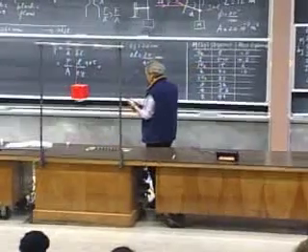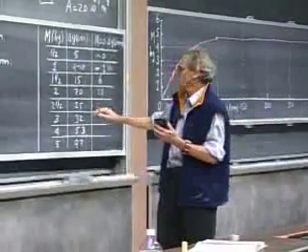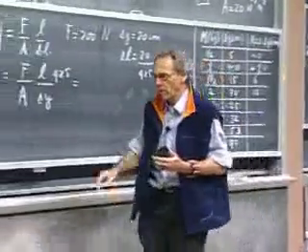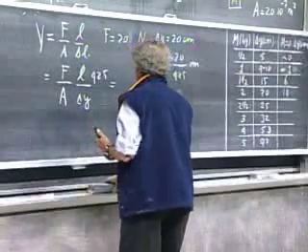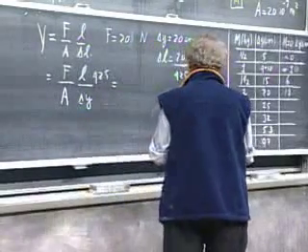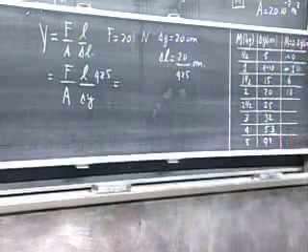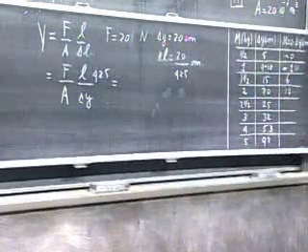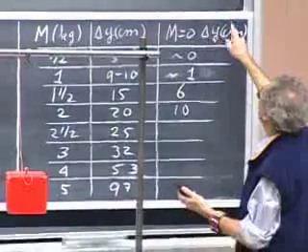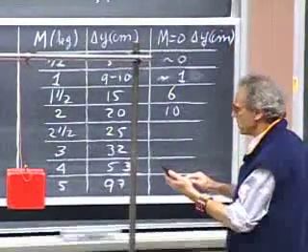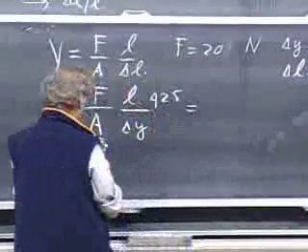So F is 200. That's right. No, F is 20. Ooh. I'm glad that we caught that simultaneously. So F is 20 newtons. That's right. The area is 2 times 10 to the minus 7, and I divide by the area. I multiply by the length, which is 0.36. I multiply by 425.